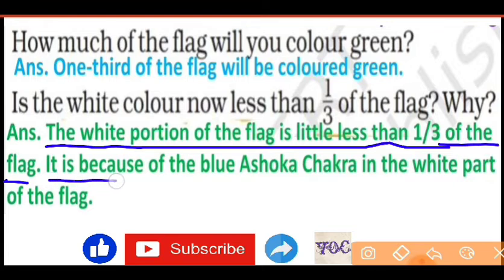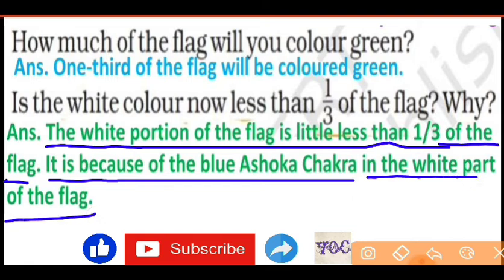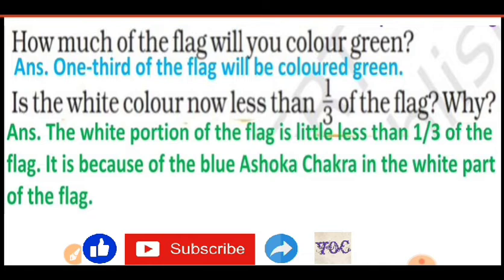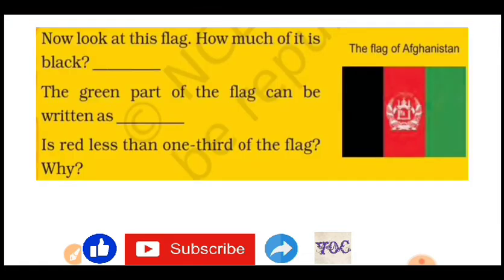It is because of the blue Ashok Chakra in the white part of the flag. ठीक है, this is the region. ठीक है, जो white part में जो अशोक चक्र ने जो स्पेस ले लिया है, हमने अभी एरिया के बारे में पढ़ाई किया ना, तो उसने कुछ एरिया क्या किया, व्हाइट पोर्शन का कुछ एरिया ब्लू अशोक चक्र ने कवर कर लिया है. That's why the white color is not 1/3 of the flag. It is a little less than that. So you note down all this question and answer.